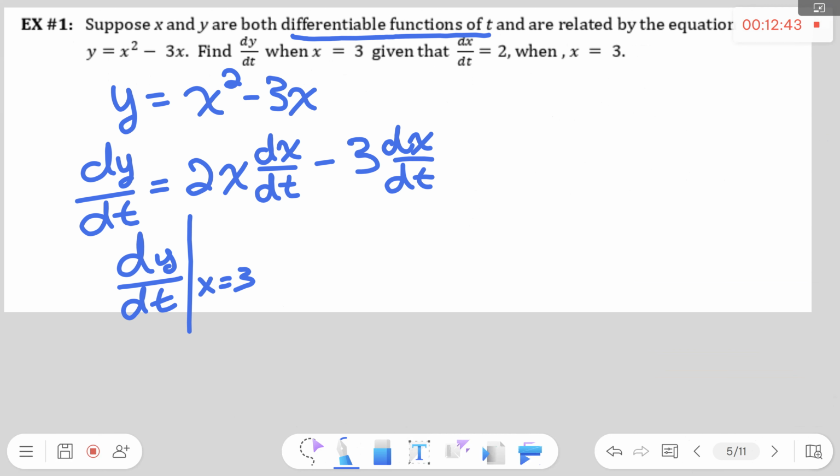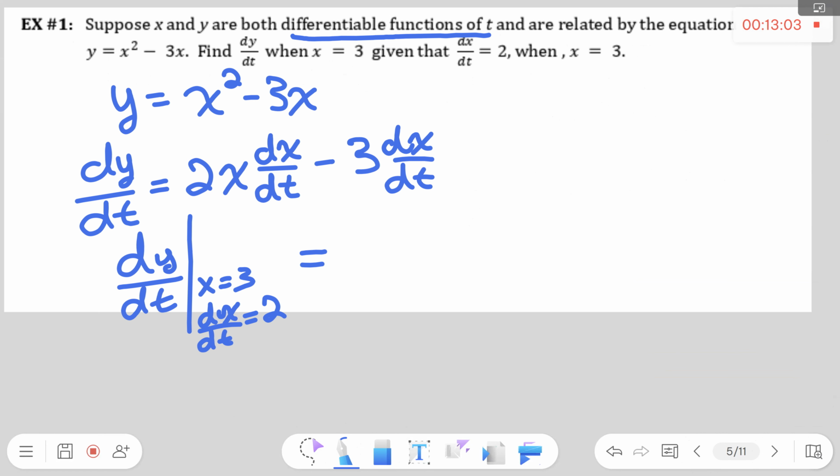What else do we know? Is there a typo on this? dx/dt. Oh, we actually don't need y. dx/dt equals 2. Yep, put them on top.